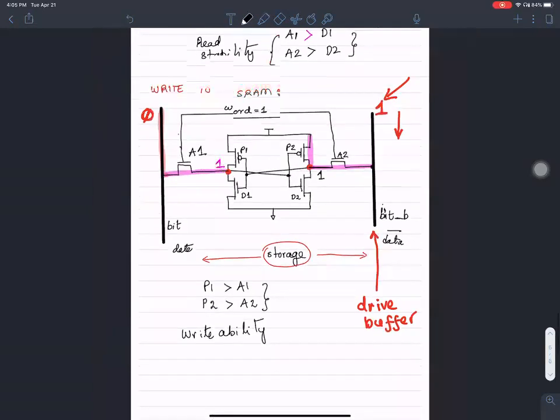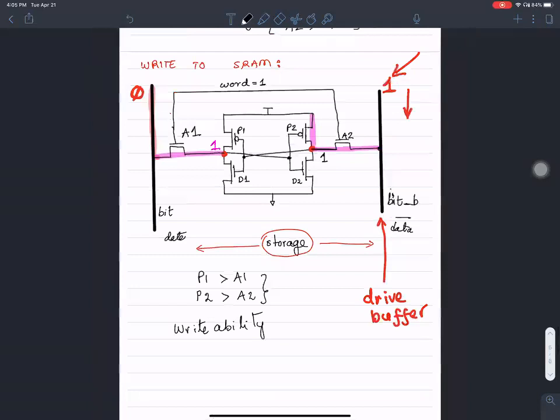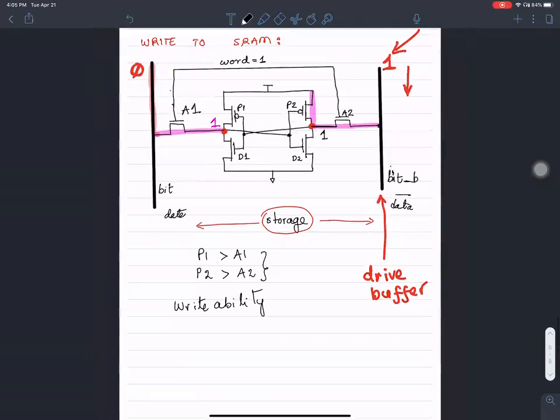I'll give you a generic rule. The idea of the write operation, let me summarize it: we make the word line equal to 0 first. Then bit takes the desired value, and bit bar takes the desired value's complement.